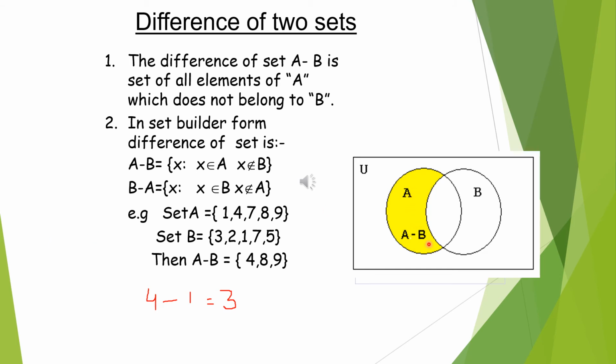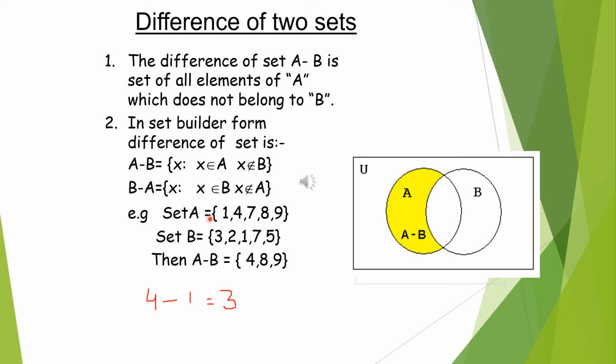That will be your A minus B. A minus B means the excluded part, the remaining part of A by excluding the B part, right? It means A minus B is x belongs to A, x does not belong to B. B minus A will be equal to x belongs to B, x does not belong to A.